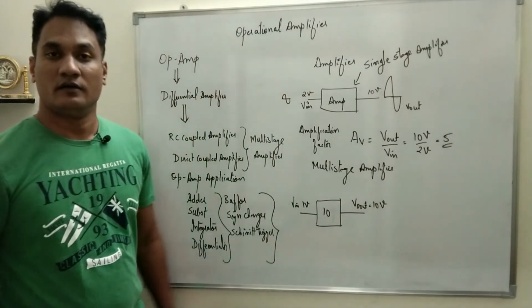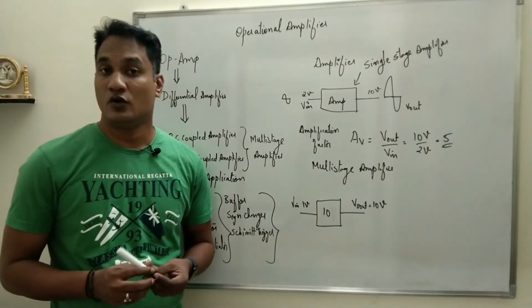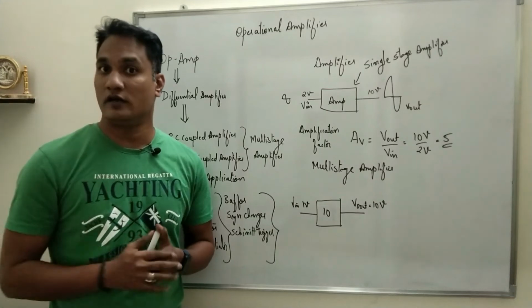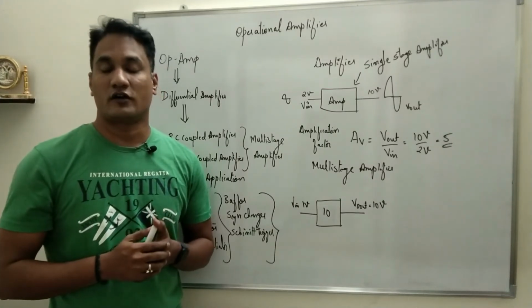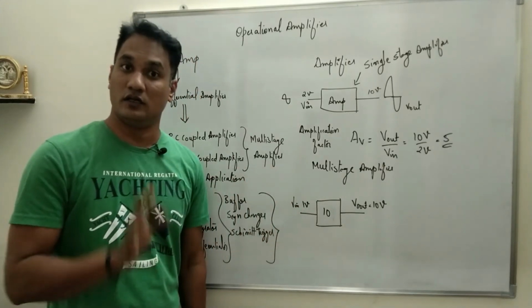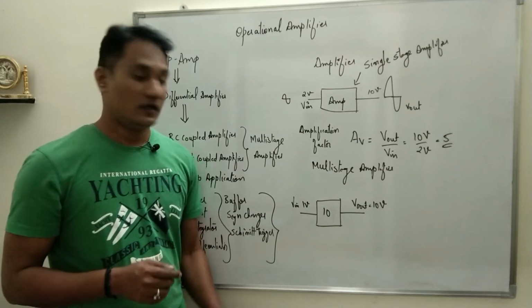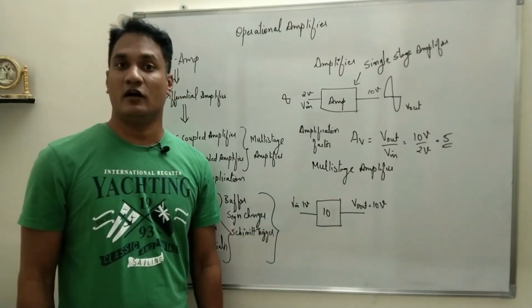10 volt. But what I want is, I want the output to be 1000 volt for an input of 1 volt. That means I am not going to change the input voltage, it has to be 1 volt. Of course, as I said, I have designed an amplifier with a maximum gain of 10.